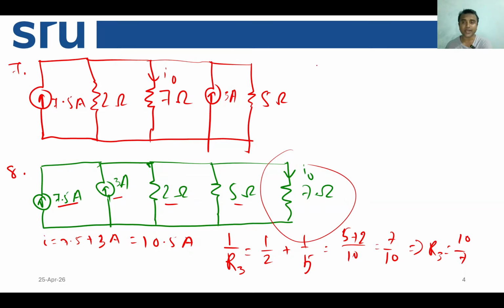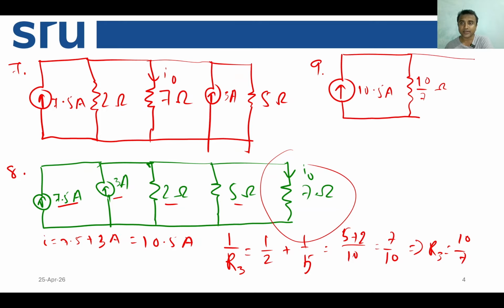So the ninth circuit will be a current source of 10.5 ampere, a parallel resistance of 10 over 7 ohm, and then another resistance of 7 ohm.